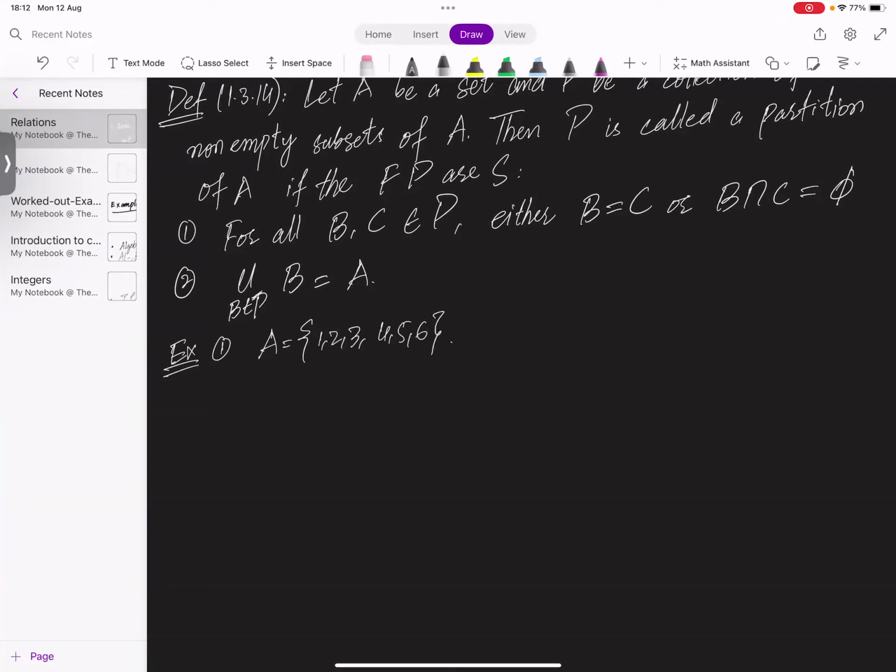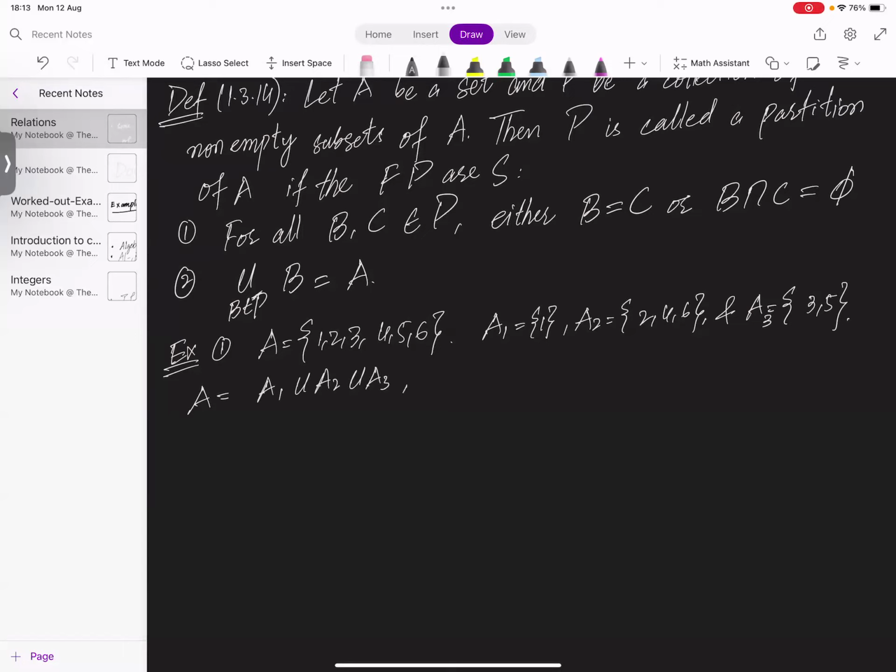A1 has 1, A2 has 2, 4, 6, and A3 has 3, 5. Now, A is indeed the union of A1, A2, A3. That is property 2 satisfied.